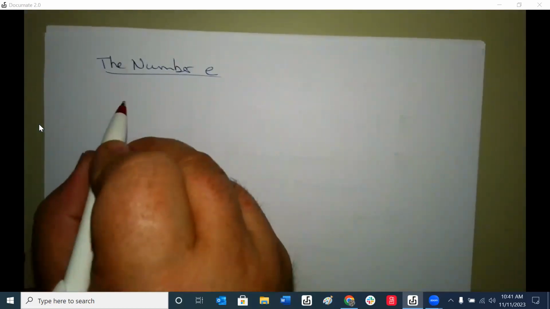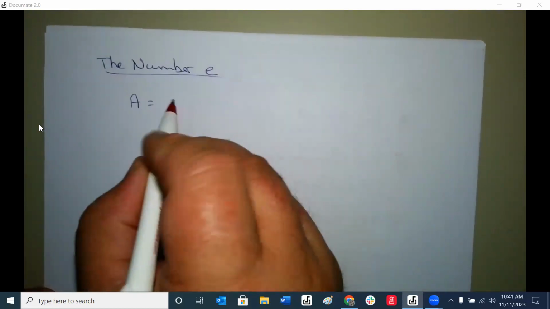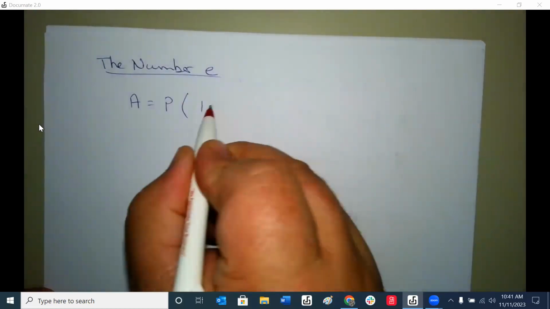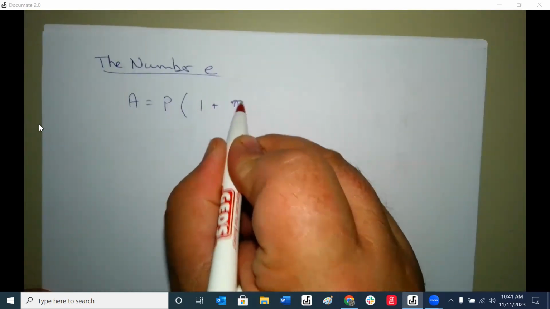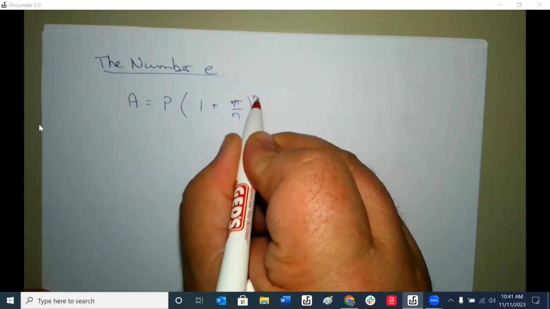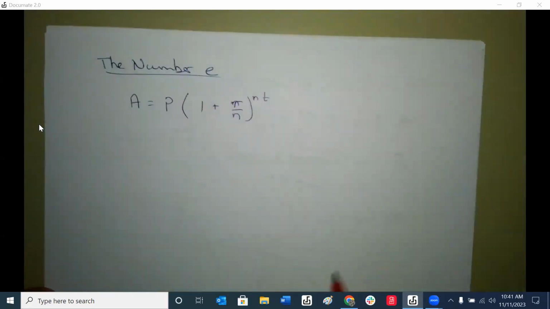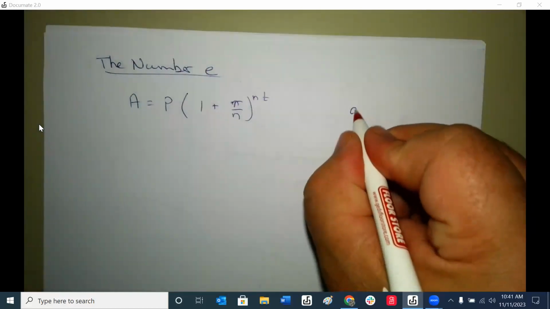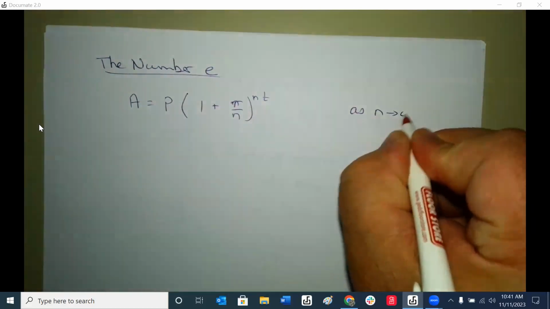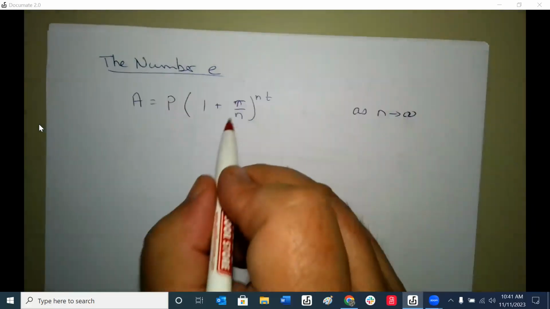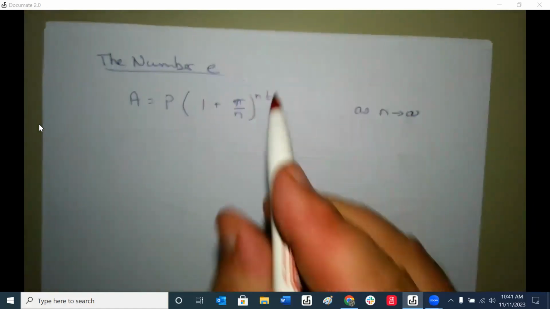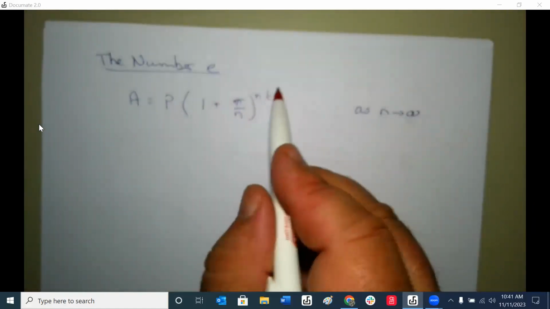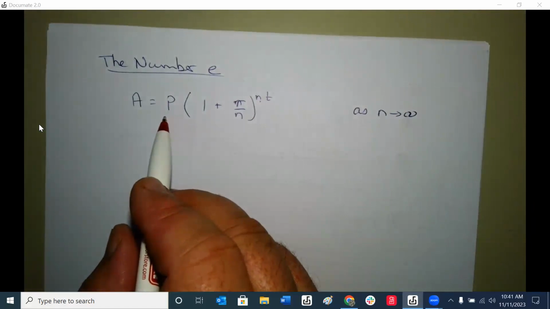What happens is if you took this annuity formula, R over N and T, as N goes to infinity, eventually this goes very small, and this keeps on going, so this gets very large. So 1 to the very large times your principal.